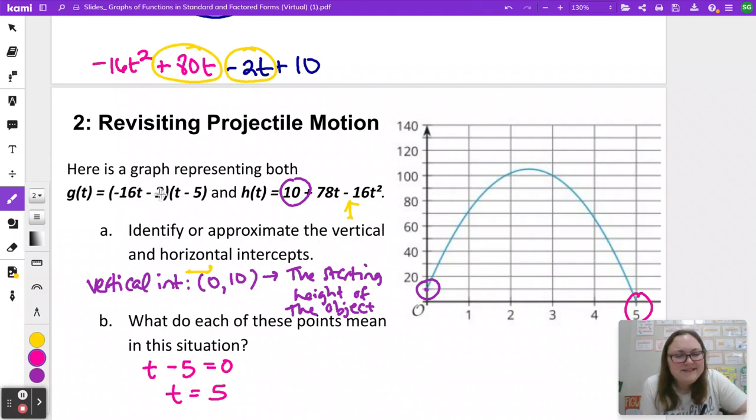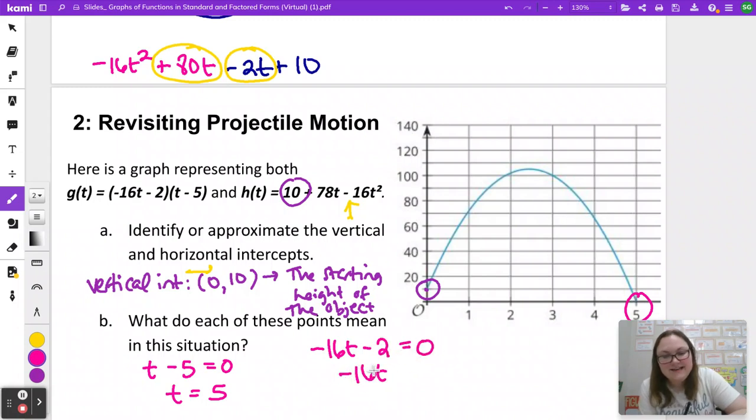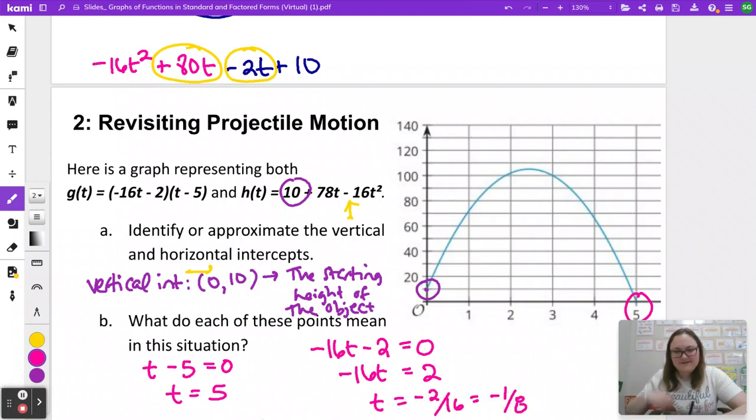What do you think happens if we find the other one from this factor here? Well, if we've got negative 16t minus 2, if you set that equal to 0 and solve, you get negative 16t equals 2 when you add 2 on both sides. And then when you divide by negative 16, you get t equals negative 2/16 or negative 1/8. Why do I not see this one on the graph?